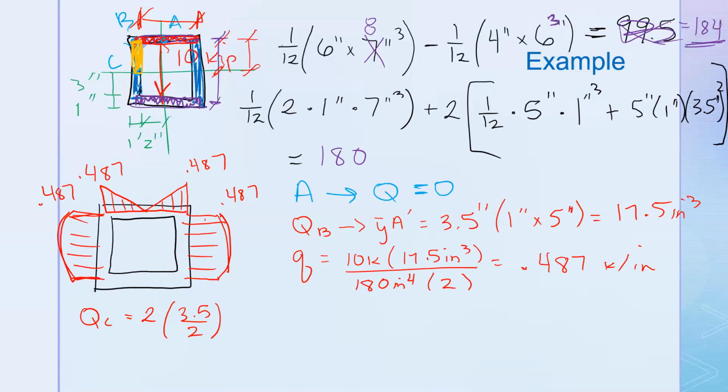So then the centroid of that would be at 1/2 times 3.5. And then that gets multiplied by the area, which is the 1-inch thickness times 3.5.